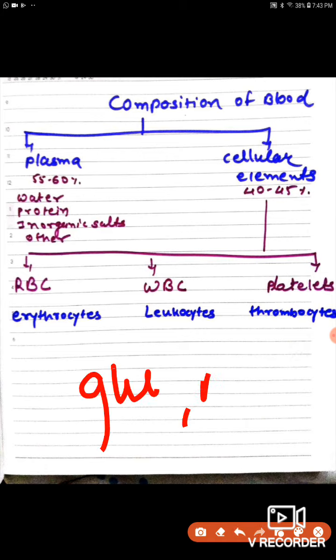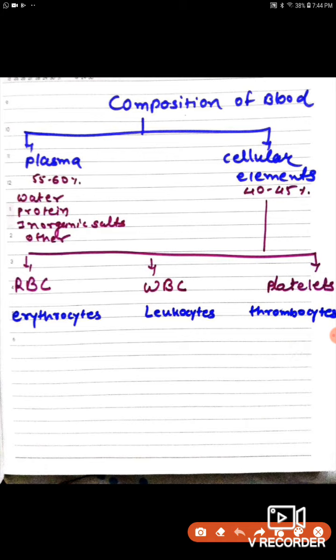Glucose, amino acids, fibrinogen, hormones, urea. These many substances are present as other substances in the plasma, but their content is very small. Now, if from the plasma we remove the protein fibrinogen, then this is called serum.